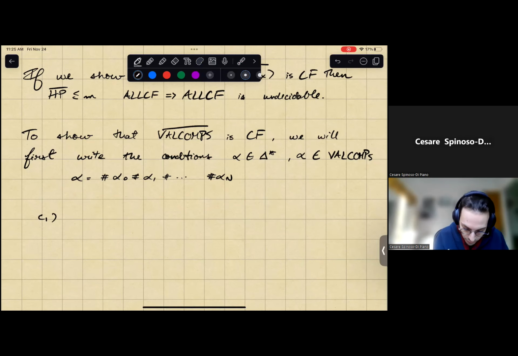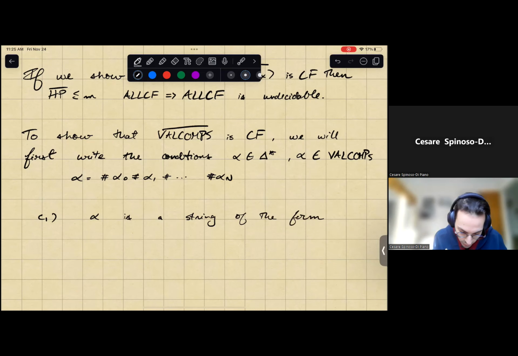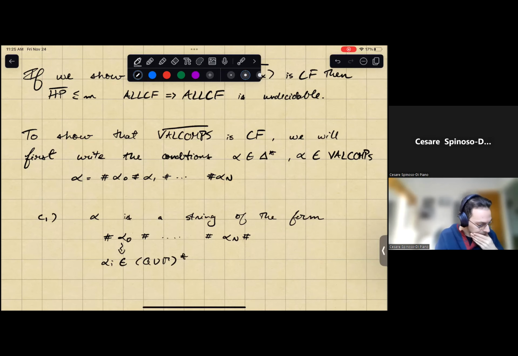So alpha is a string of the form a hash and then alpha 0, and so on, all the way to alpha n. But now what I'd like to add is that each of these alpha i's is really in Q union gamma whole star, so they don't contain a hash.